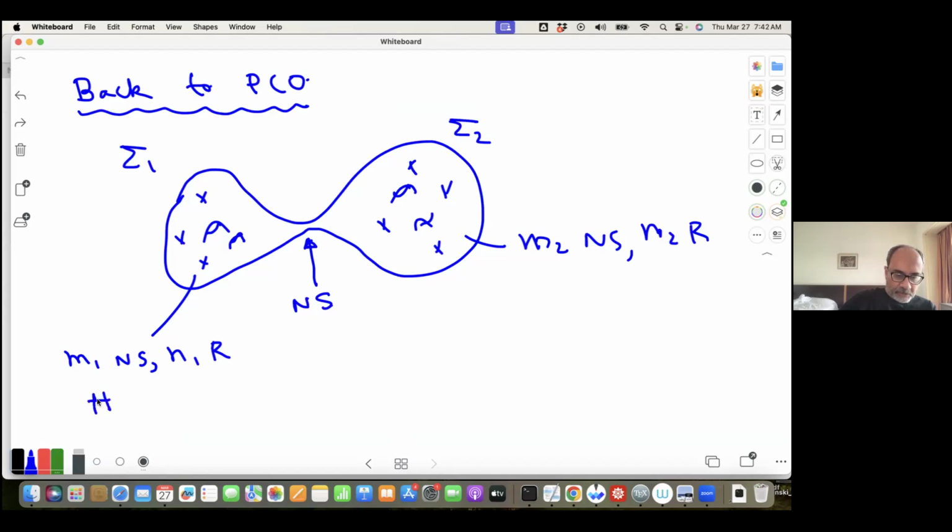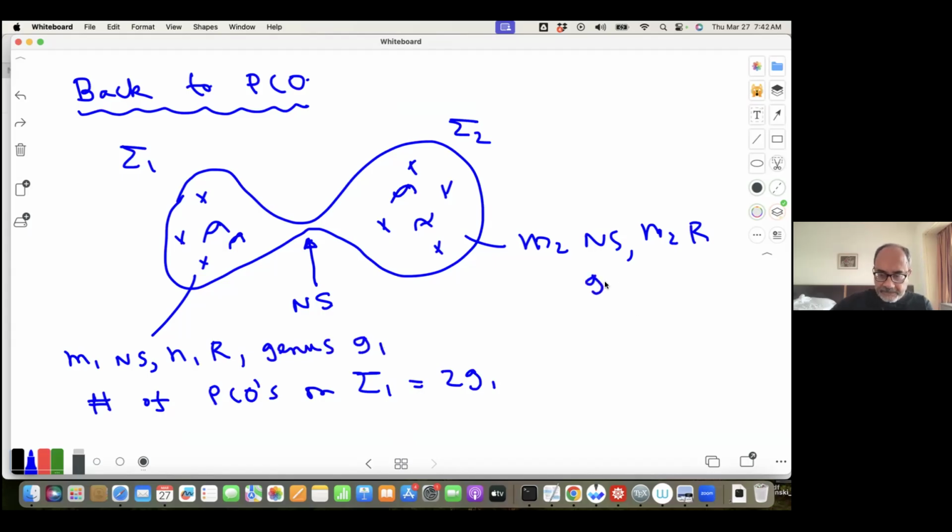So the number of PCOs on sigma 1, imagine that we didn't know anything about sigma 2, we only knew about sigma 1, and we had chosen some PCO locations appropriately on sigma 1. Then the number of such PCOs will be given by 2G1, I should say also genus G1, and this is genus G2.